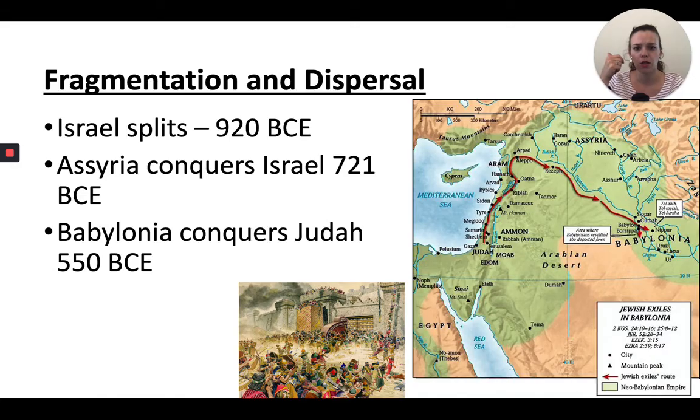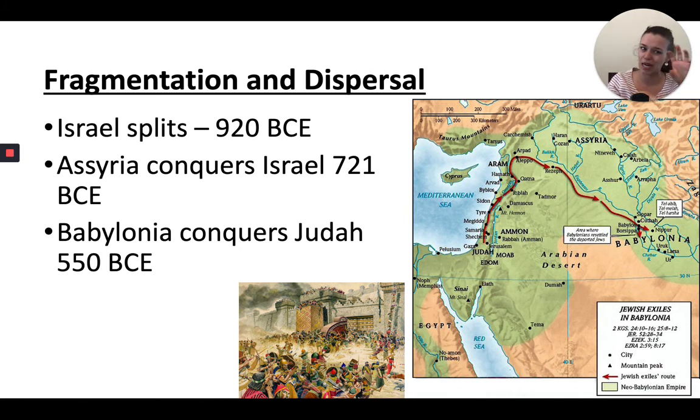Okay, so Israel splits in 920 BCE into Israel, which makes up the northern part, and Judah, which makes up the southern part. And they unite briefly to fight the Neo-Assyrians, but they lose. So Assyria conquers Israel, the northern state of Israel, not Judah, Israel, and moves its people, right?